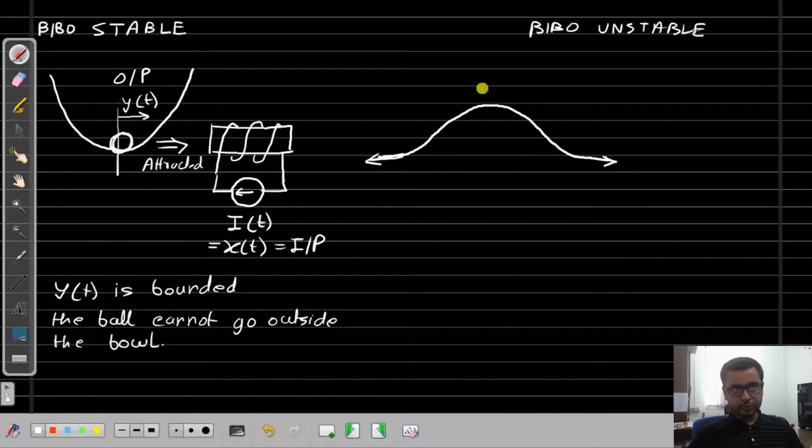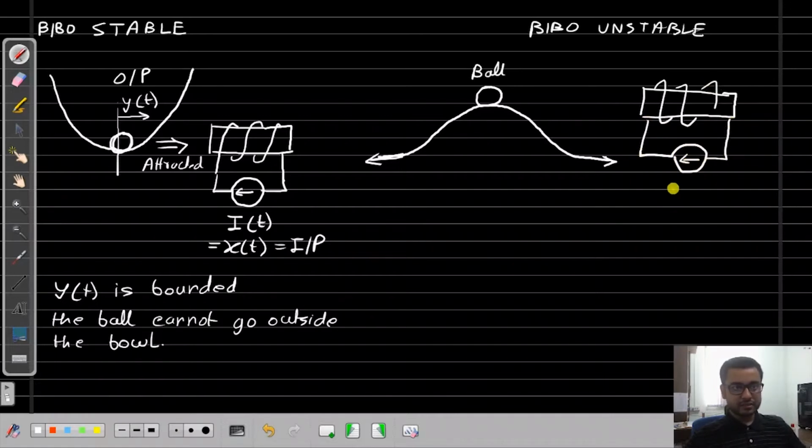So this is an inverted, upside down bowl, and you balance this ball on top of it by some means. Then you put this electromagnet here, and you give some current i(t), or this is the input x(t).